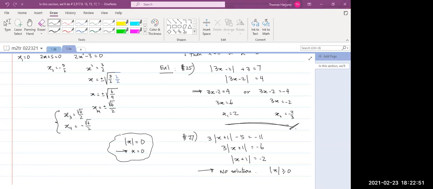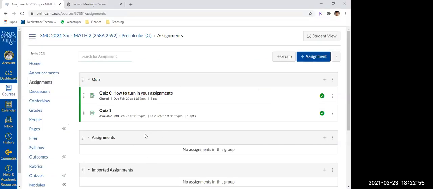According to what I see here, quiz 1 is actually due on the 27th, not the 28th. I use the Los Angeles clock. It is due on February 27th, almost midnight. Not February 28th.